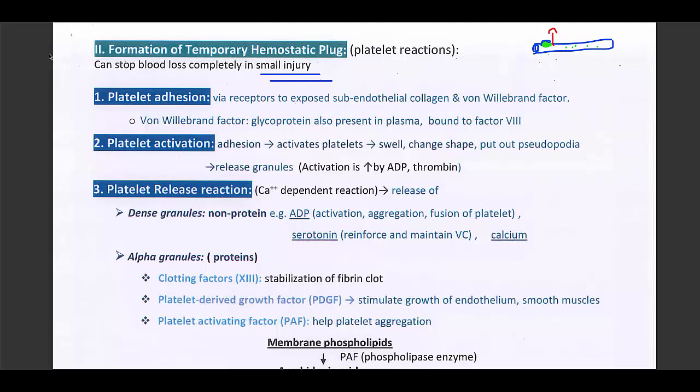Von Willebrand factor is a glycoprotein also present in plasma and bound to factor number 8. So if someone asks us about factor 8, just tell him that it is bound to von Willebrand factor.